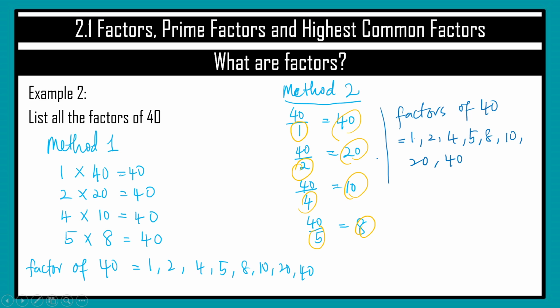You can always double check the list that you have circled against the one that you have written down. This is how we list all the factors of a number. You can choose method 1 or method 2.